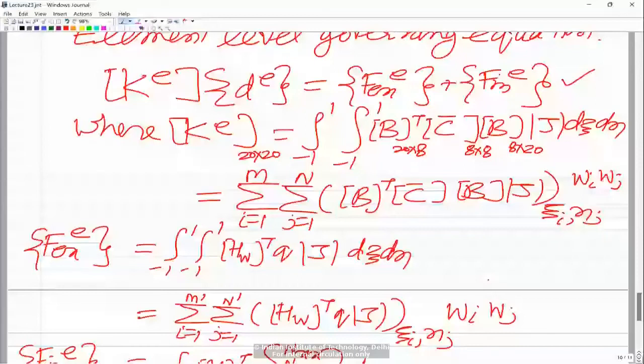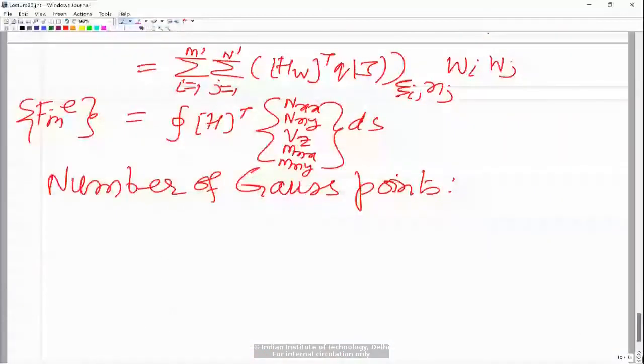Then the Jacobian matrix is going to be constant, its determinant is going to be constant, and you can argue that B will be linear in xi and eta. So when you multiply B transpose C bar into B into J, the whole thing would be quadratic in xi and quadratic in eta. When we choose the number of Gauss points, the highest power is 2, so (2+1)/2 approximated to the next integer, so it would be 2. So actually we'll have n equal to m equal to 2.